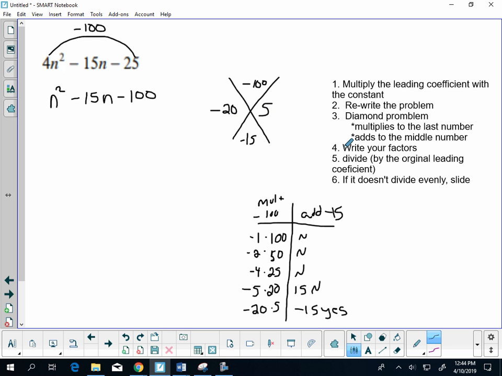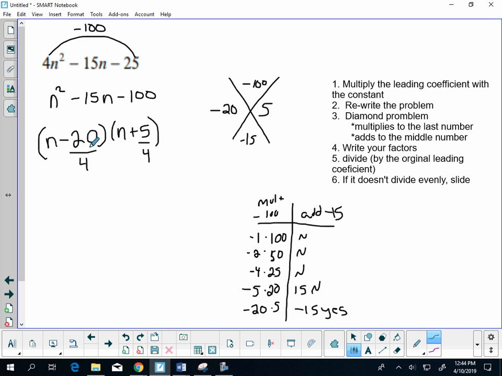So now we want to write using my factors, n minus 20, n plus 5. I want to divide by the coefficient, which is 4.